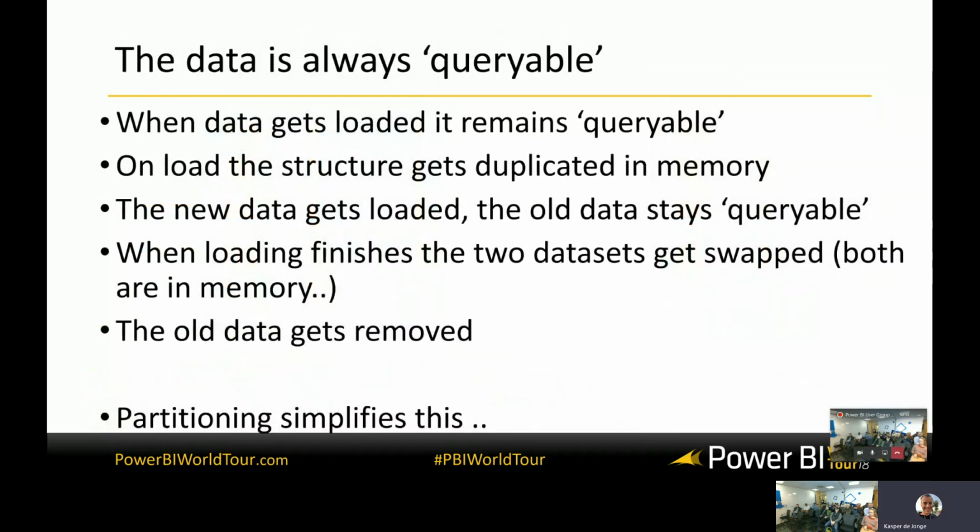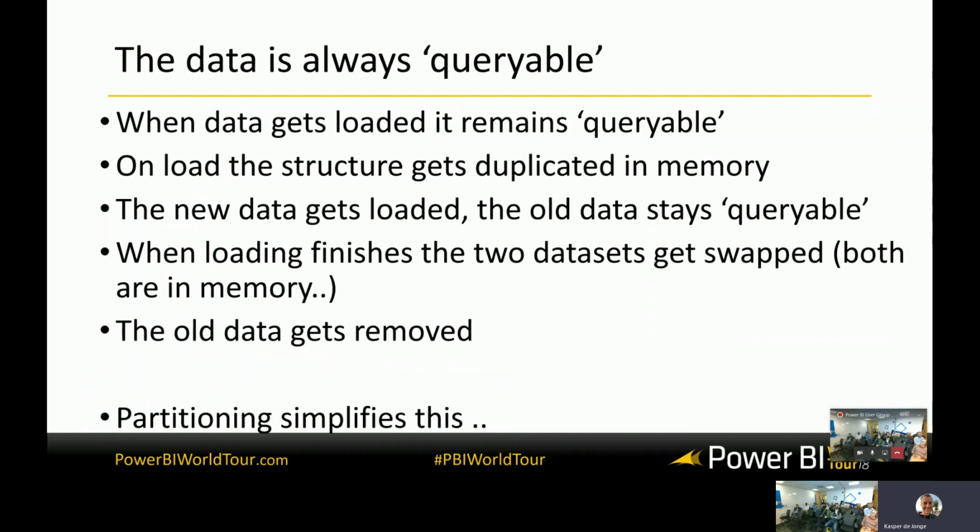Right. The other important topic that I want to talk about is that the data is always queryable. That's also interesting. So when you load in data, it remains queryable. When you start loading the data, we don't want you to have your data set in Power BI and your CTO is happily looking at the numbers, and then all of a sudden we start processing the data and all of a sudden his reports are no longer available.